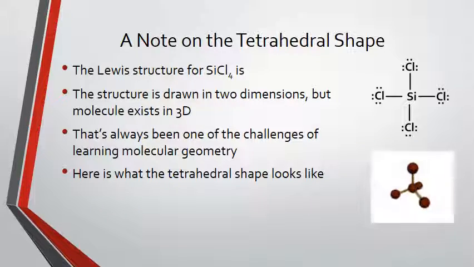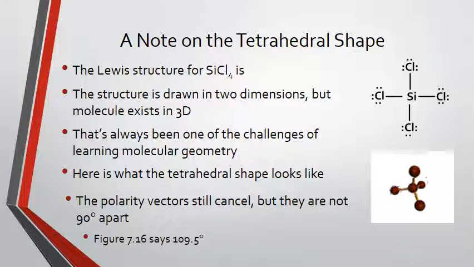Here's a better indication of what a tetrahedral molecule looks like. The point is the polarity vectors will still cancel. But note that they're not 90 degrees apart. If you look at figure 7.16, for the tetrahedral shape, the bond angle is 109.5 degrees.